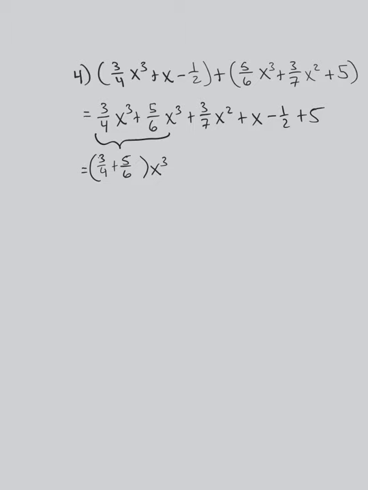So I just put that in parentheses to show myself what I'm doing there. But that x squared term doesn't have any other like term with it, so it's just there. Same thing with the x term. But here I do have minus 1/2 plus 5. Be aware with polynomials, because we often substitute values in for the variable and have to calculate. You don't want to use mixed fractions with these calculations.